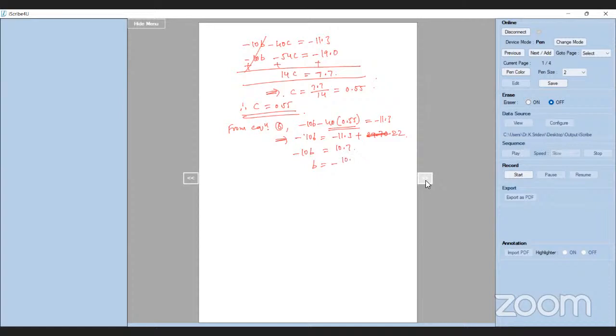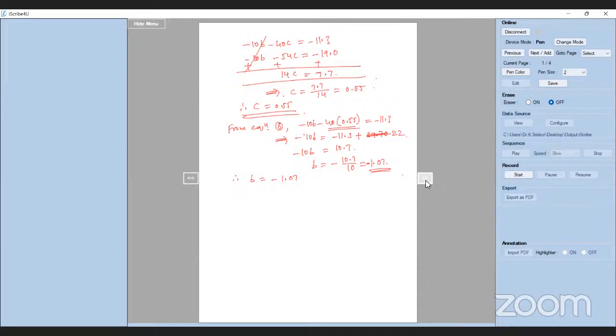B is equal to minus 10.7 by 10, which is minus 1.07. So B is equal to minus 1.07. Therefore we have the B and C values, and using these two values we can find the A value.